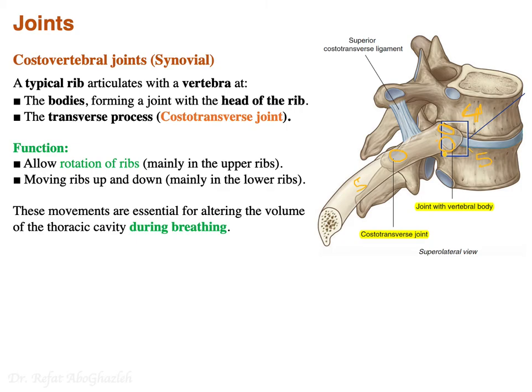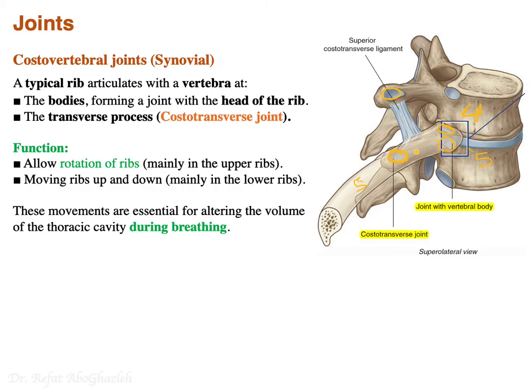That means this is thoracic vertebra number 5, for example, and this is the transverse process. Look at the shadow here, the shadow behind the rib. For example, this is thoracic vertebra number 4. Look at the transverse process. It has a facet here, and number 5 also has a transverse process and facet here. But rib number 5 will articulate with the transverse process of the same vertebra.